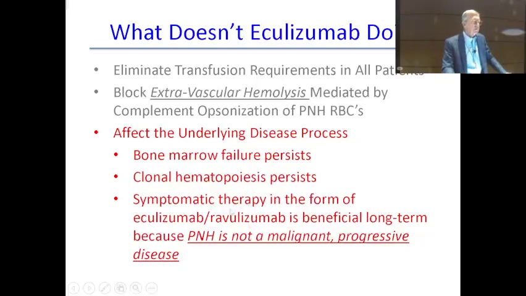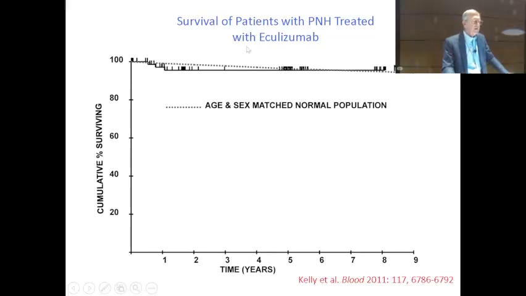The reason that this is very effective therapy for a long period of time is because PNH is not a malignant disease. So just by inhibiting the main complication of PNH, you can make a tremendous difference in the quality of life in patients. And this shows how the treatment with eculizumab is beneficial over a long period of time.